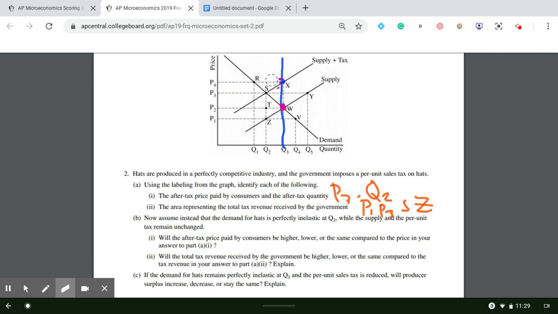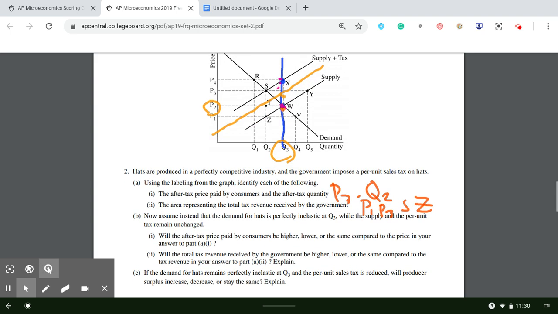And also, you can kind of see, look, if we just move the supply plus tax to right there, that doesn't affect the price that the producer's producing at, nor does it affect the quantity. Okay. So you can see it graphically. You can explain it that way, where it doesn't affect the producer at all.